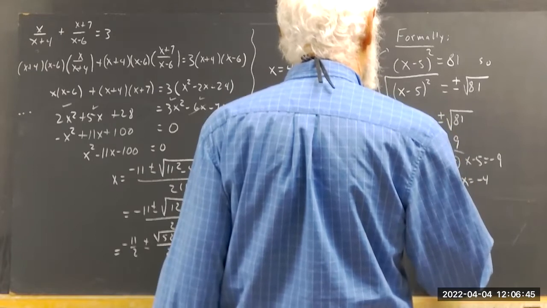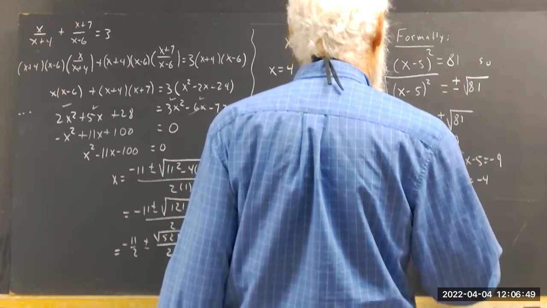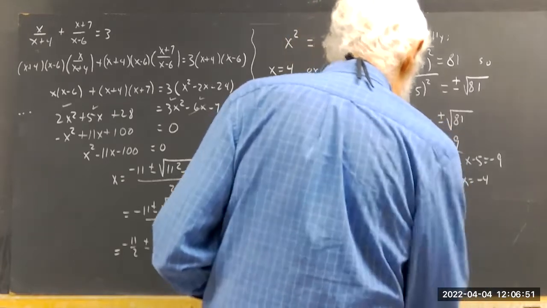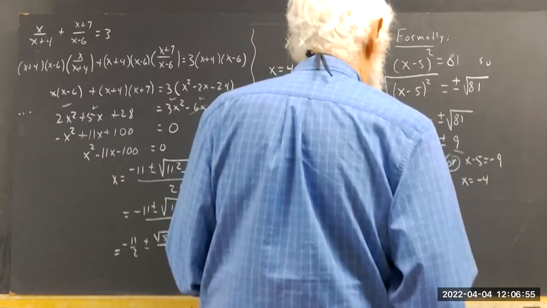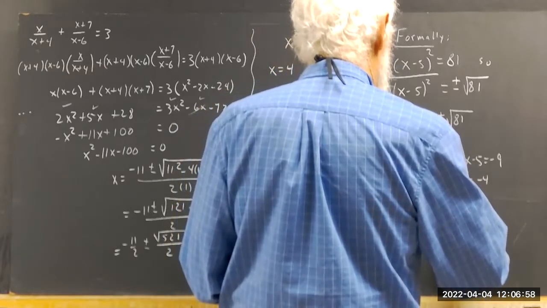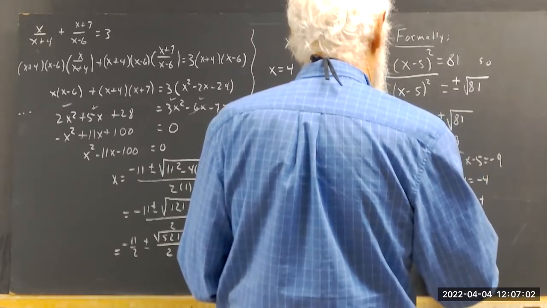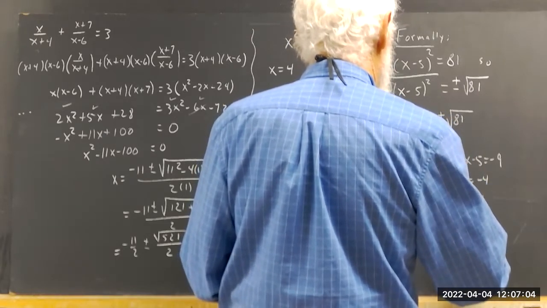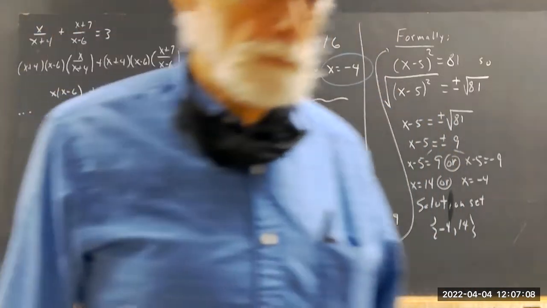Now we could write down the solution set. A set of numbers, -4 and 14.